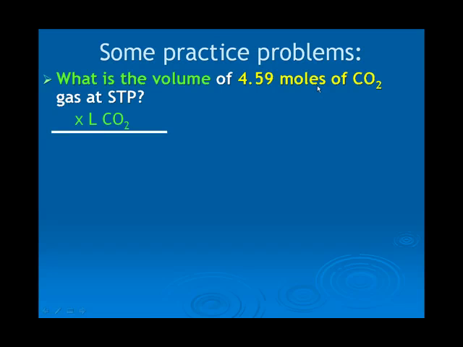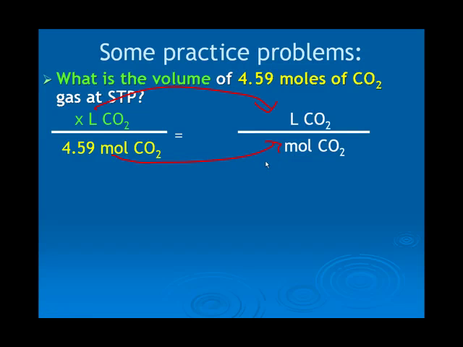We're looking for volume, so X liters, that's our units of volume, divided by what I'm provided, 4.59 moles. Now, the units carry over, liters on top, moles on the bottom for your ratio. Now, you need some relationship between moles and liters.